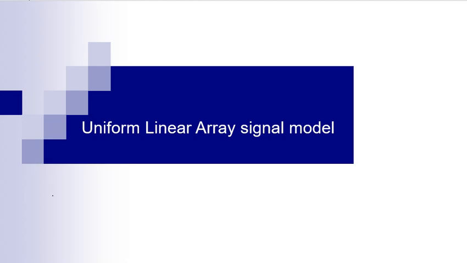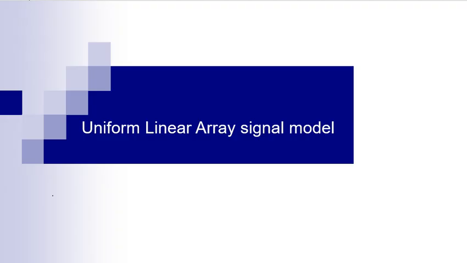Everyone, I'm going to talk about the uniform linear array signal model, and then I will compute correlation matrices for this signal. This is the first step to the array signal processing field, or spatial signal processing. We can divide signal processing into two main branches: temporal signal processing and spatial signal processing, or array signal processing.